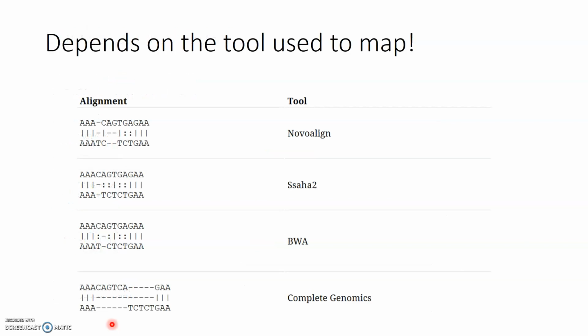In fact, these are all different productions of the alignment of that particular sequencing read to the reference using different tools. And so you can see that using different tools will give you different results. We need to keep this in mind as we choose a sequencing aligner to use for our purposes.